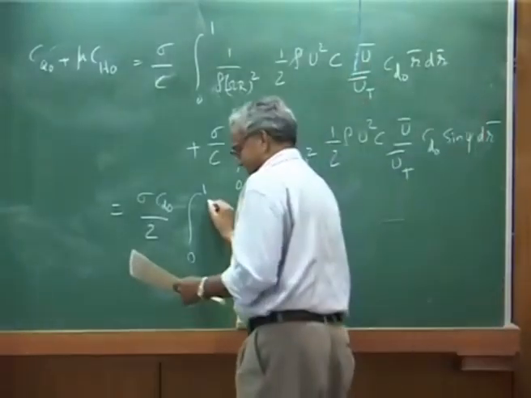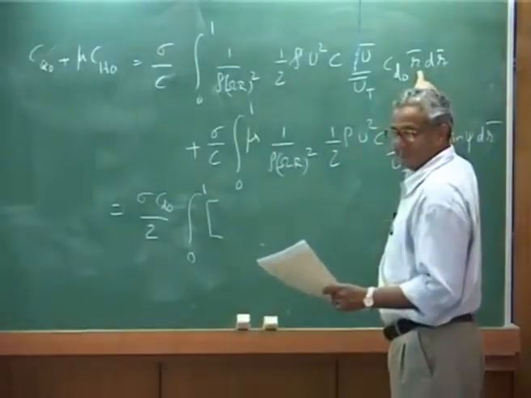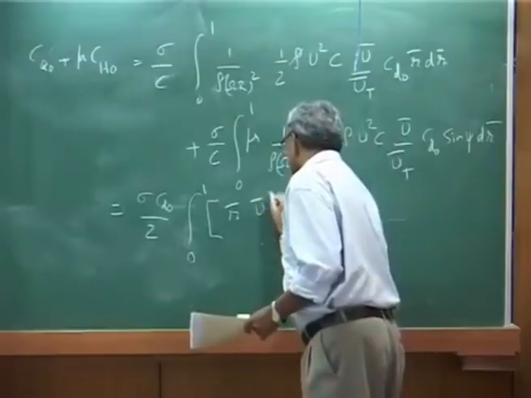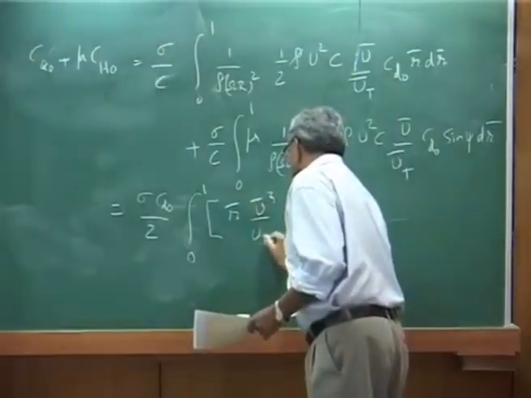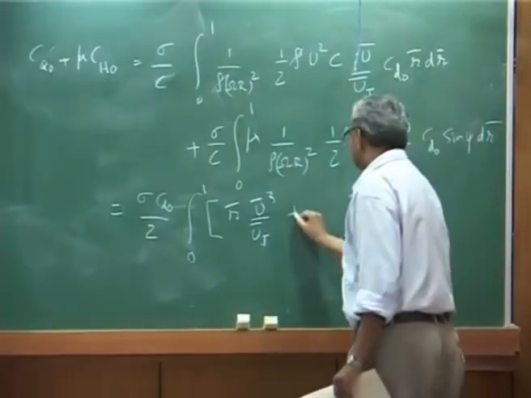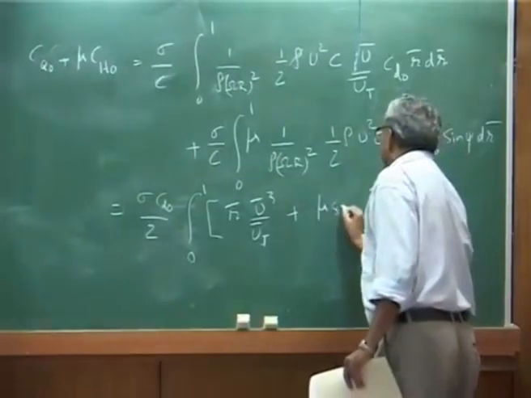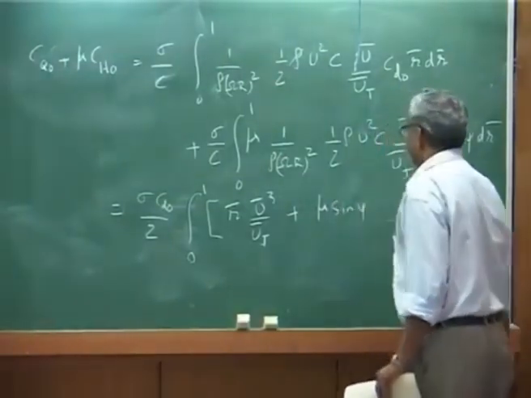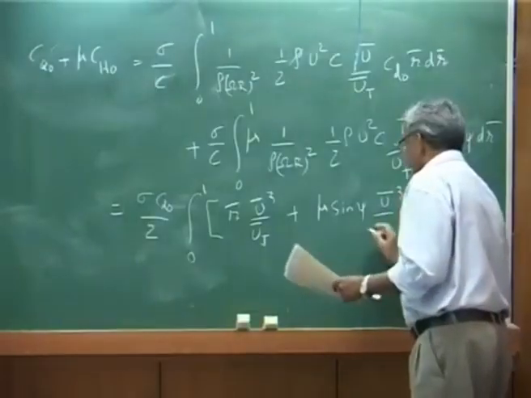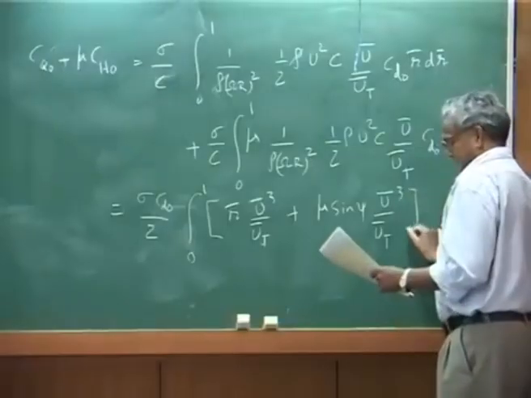So, I am going to write it as r bar U bar cube over U_T bar, plus here also mu sin psi, again U bar cube over U_T bar, okay.